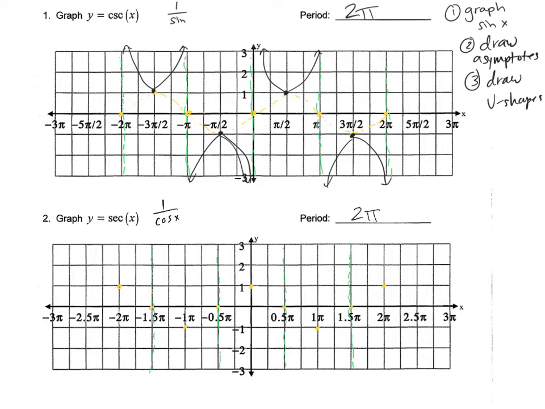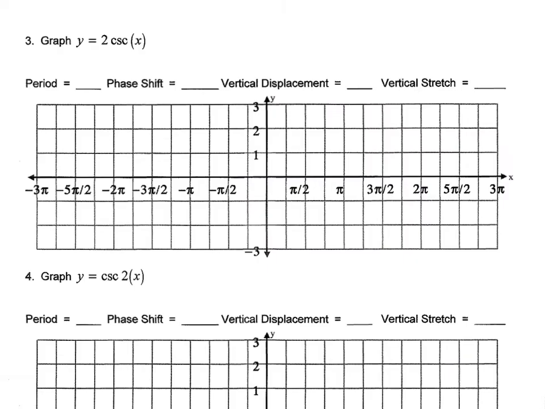Again, if it was a maximum, it becomes a minimum, and if it was a minimum, it becomes a maximum. Okay, now we know what those parent functions look like.